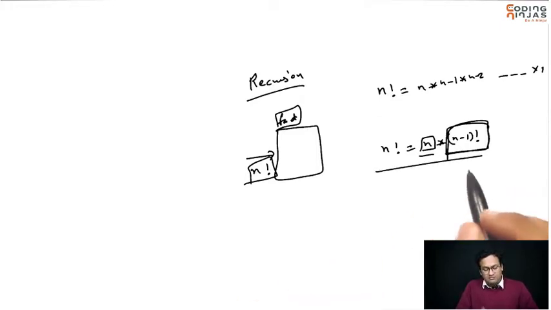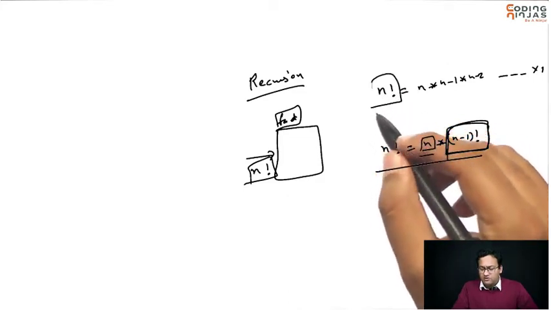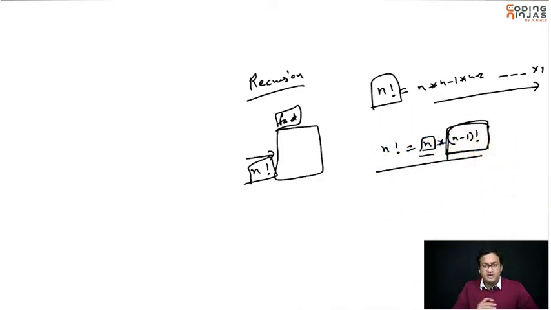Obviously, we can calculate n factorial using a basic for loop, and keep multiplying numbers for i in range 1 to n plus 1, and we'll be able to do that, right? I'm taking an example of factorial because the first few examples that I'll be taking will all be very simple examples that you can solve using iteration and without using recursion.